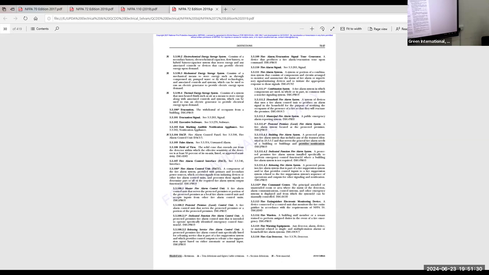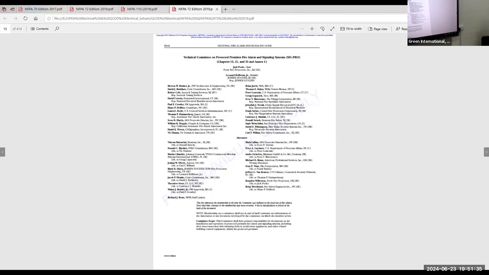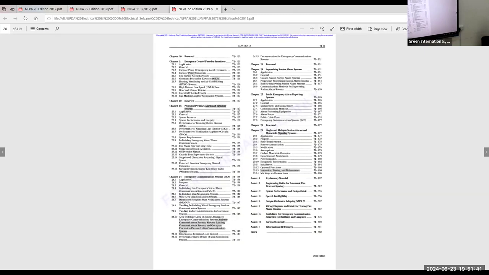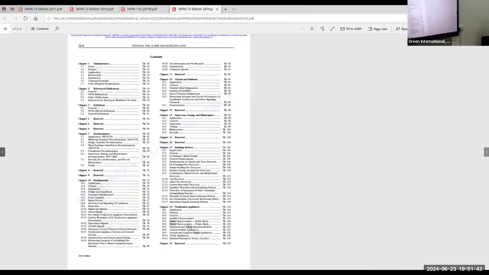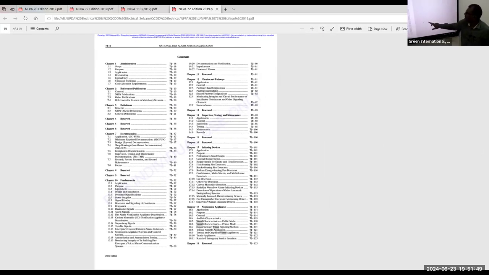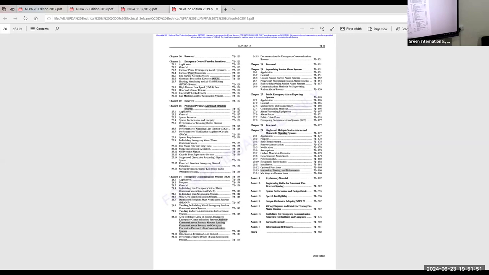We have more than 15 chapters. Chapter 17 is notification devices, and chapters 21 to 29 are all related to interfacing devices. If you have a question related to interfacing devices, it's too hard to find the answers, so take those last.